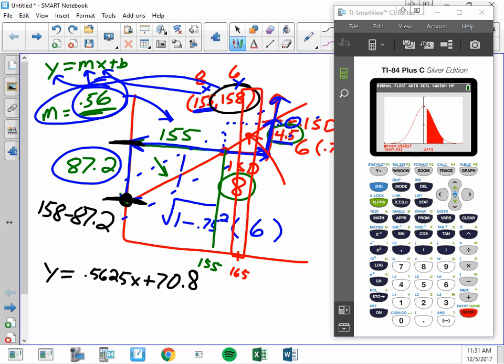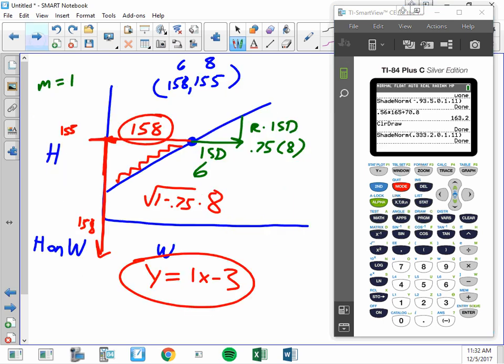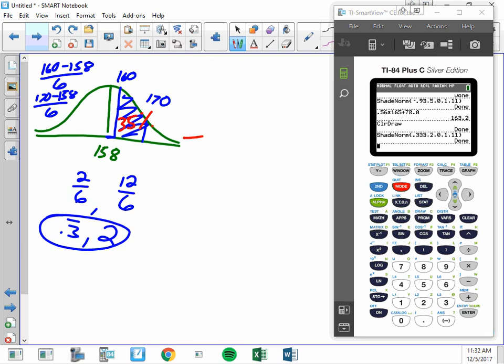If we plug 165 into the regression equation, we got 163.2, it's right here. So we are just going to look at these people. And we know that the new average is 163.2.